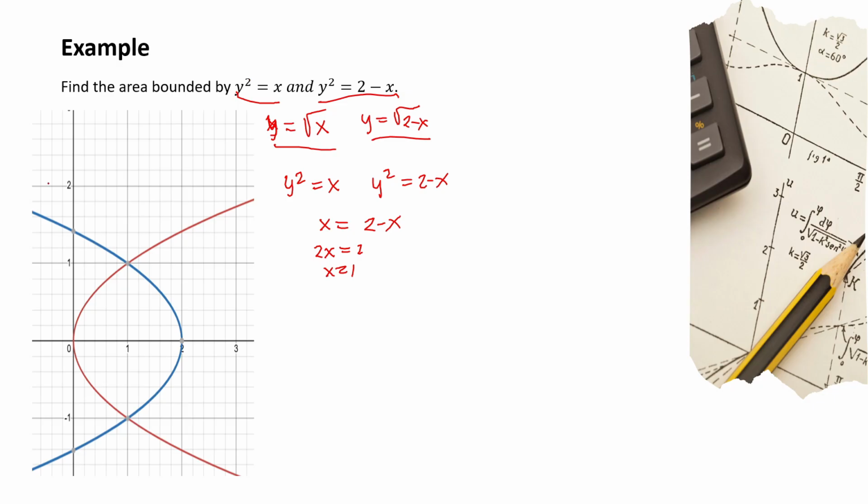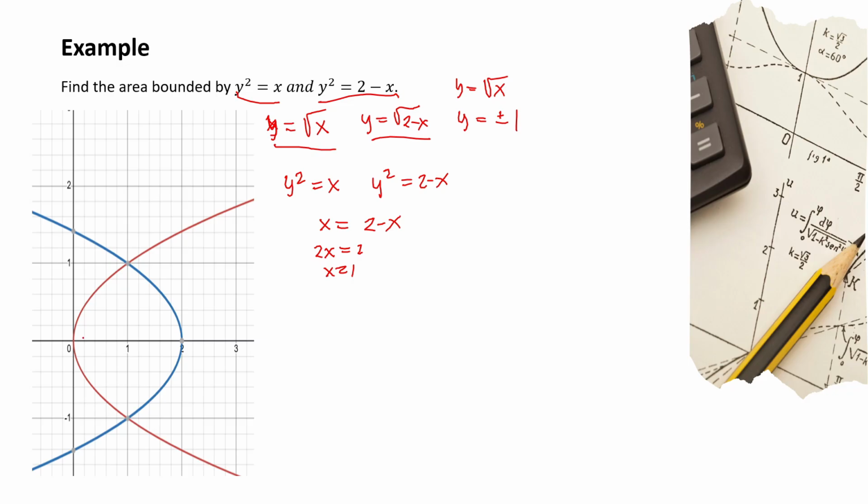Since these are parabolas, the curves intersect where x equals 1, and y equals the square root of x, so y is positive or negative 1.